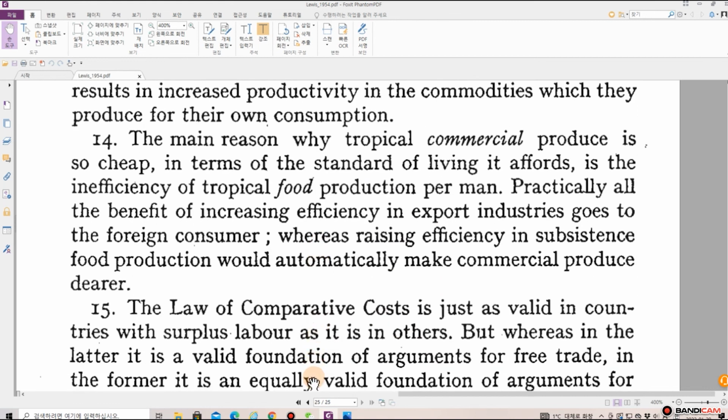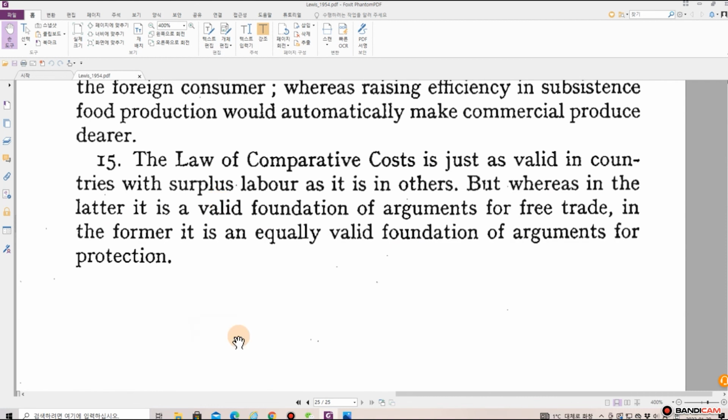14. The main reason why tropical commercial produce is so cheap in terms of the standard of living it affords is the inefficiency of tropical food production per man. Practically, all the benefit of increasing efficiency in export industries goes to the foreign consumer, whereas raising efficiency in subsistence food production would automatically make commercial produce dearer. 15.